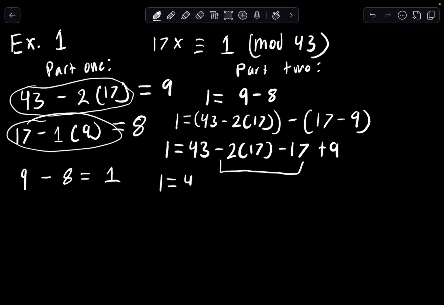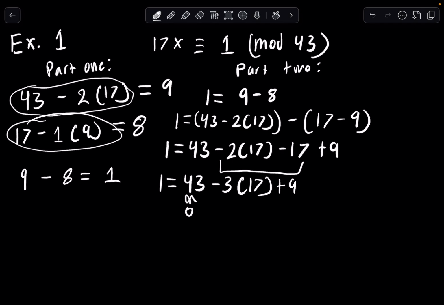So we'll have 1 equals 43 minus 2. Oops, sorry, this will be minus 3 actually, minus 3 times 17 plus 9. Now, the 43 will end up reducing to 0 because we're in mod 43. The remainder of 43 in mod 43 is 0. So that's how we know that reduces to 0.